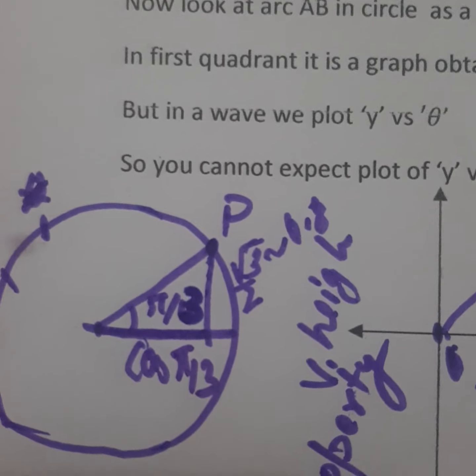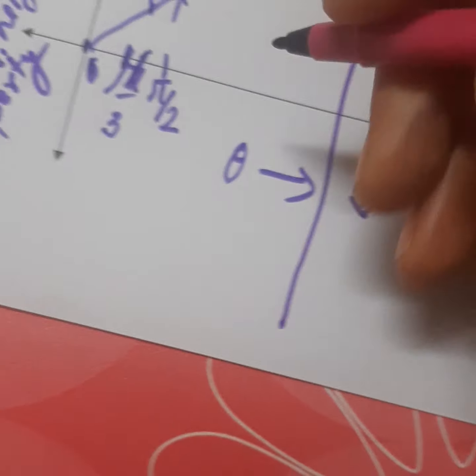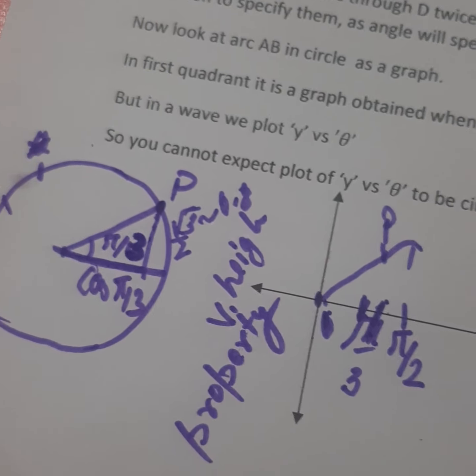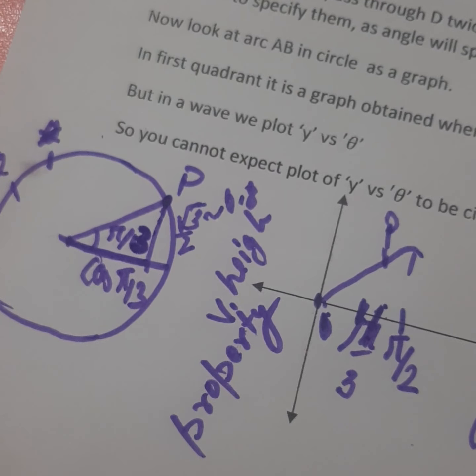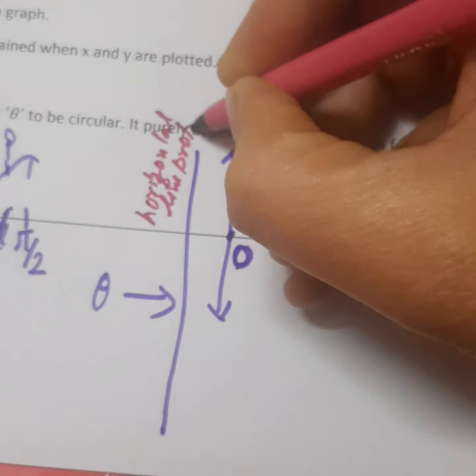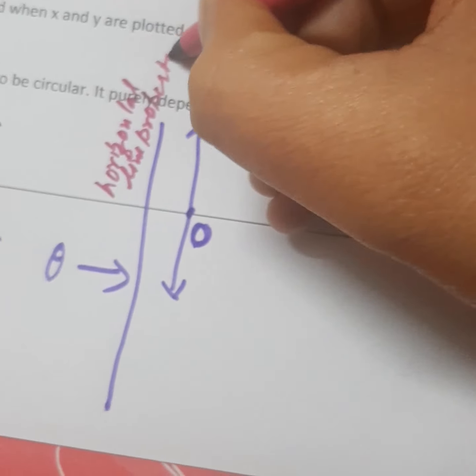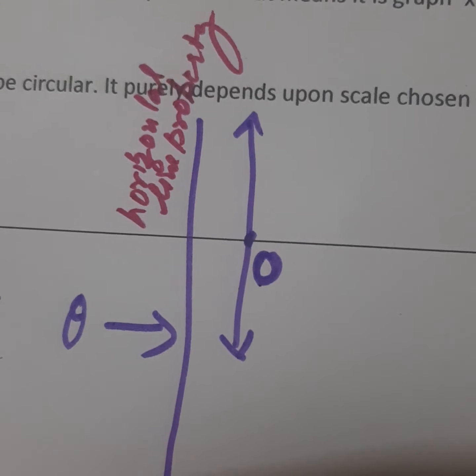So as we are choosing the horizontal line property, the graph will be entirely different. It's a new graph now. Horizontal line property now.